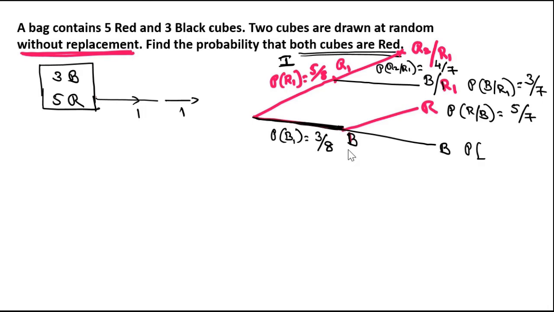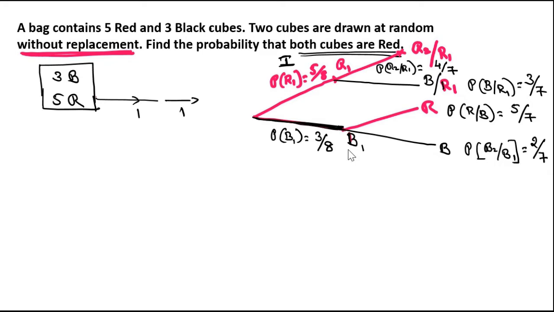Now the probability of the second being black, when the first is already black: B2 given B1. B1 happened, then what is the probability of B2? One black ball is already gone in the first draw, so 2 are left over, divided by the total, which is 7.